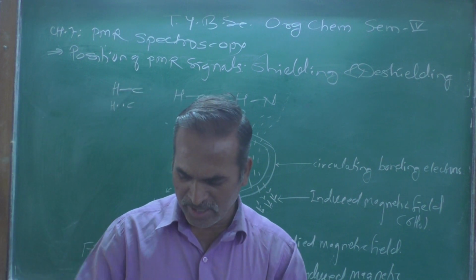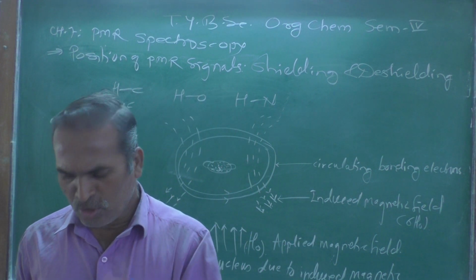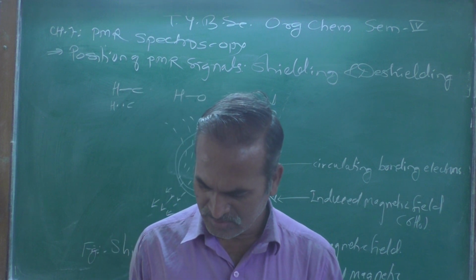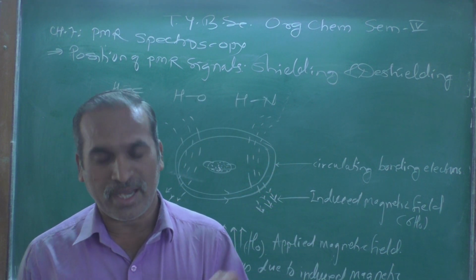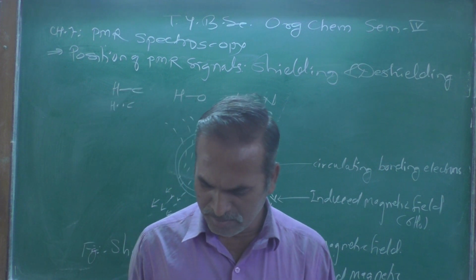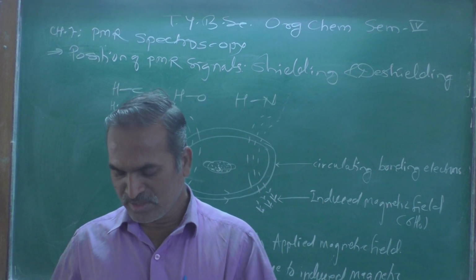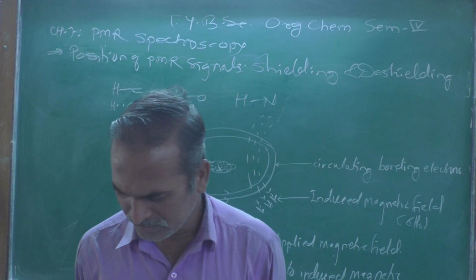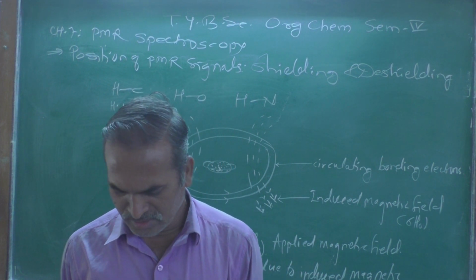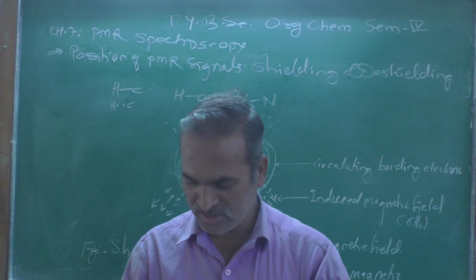The induced magnetic field most of the time acts in a direction opposite to the direction of the applied magnetic field. In some cases, these two magnetic fields act in the same direction.